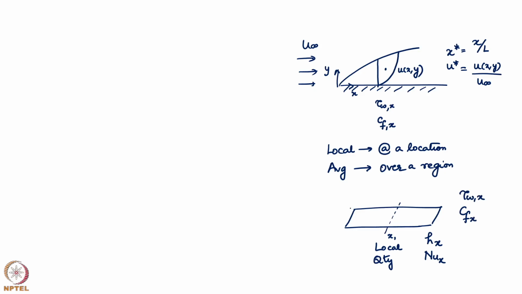Now, if I want to evaluate the drag over this entire region, then we know that the local quantities, say for example, Cfx, are varying this way. This is the local value, and the average is basically obtained by integration. So, Cfx as a function of x is this way, and this is my x1 location. I would use this number for the local calculations. I will use the average coefficient of friction, which is obtained by integration of this curve, to calculate the drag over the entire length.